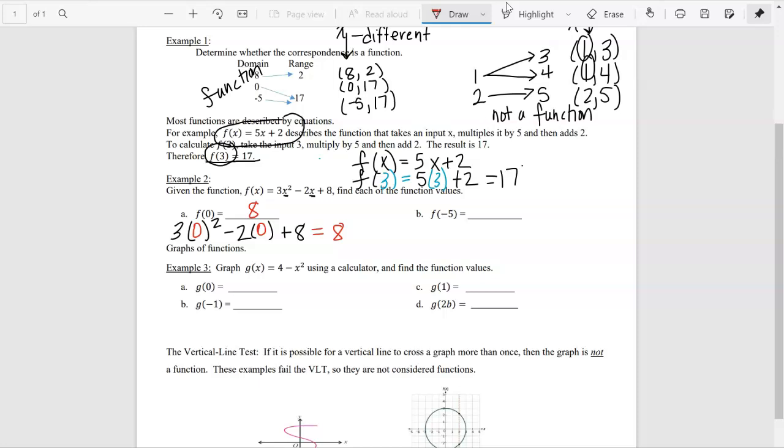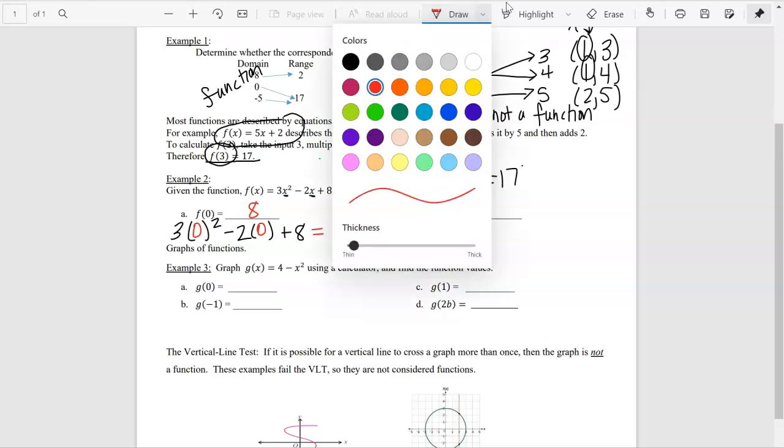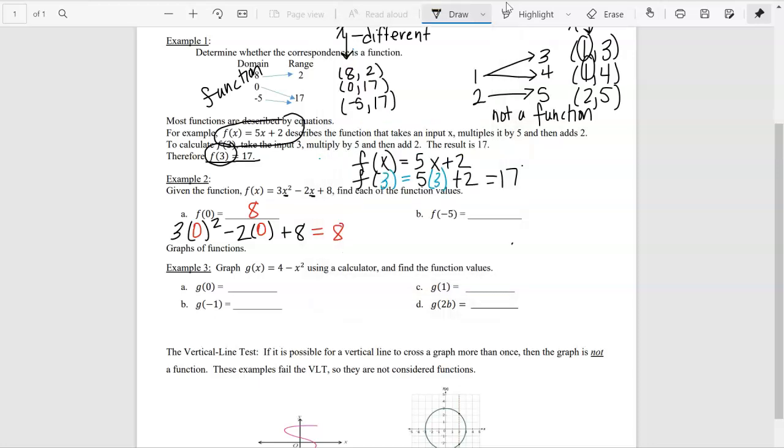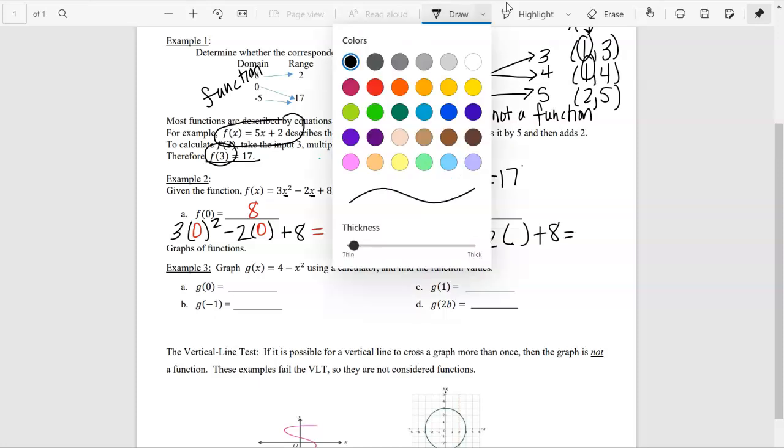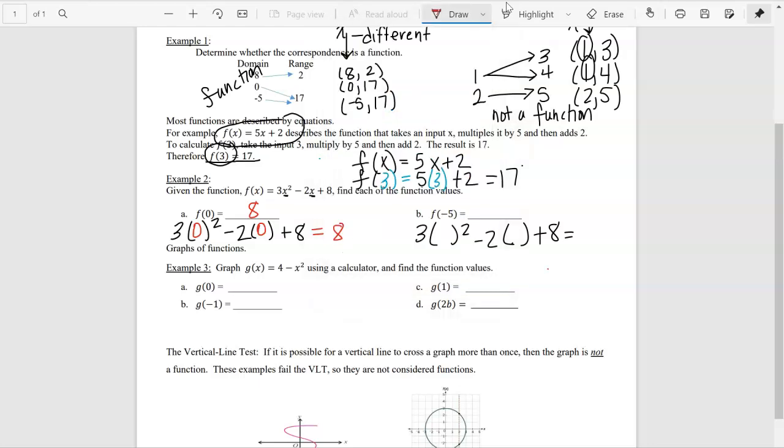Okay, if we do the same thing here, we're doing the same equation. So wherever I see an x, I'm going to put a blank. But this time, they want me to plug in a -5. So 3 times negative 5 squared minus 2 times negative 5 plus 8.